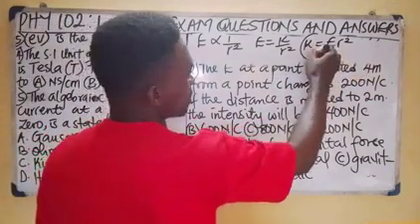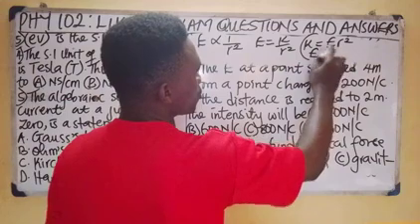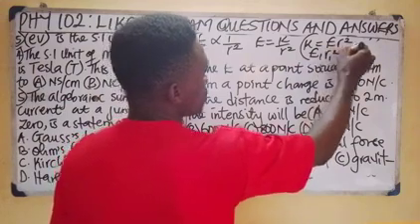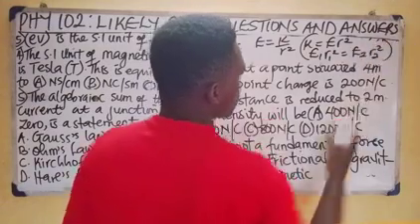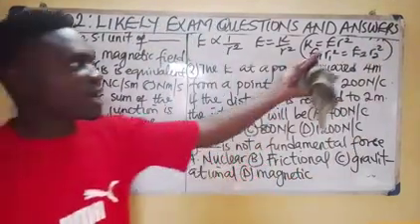It therefore means that E1 R1 squared equals E2 R2 squared. So that is what we are going to have.